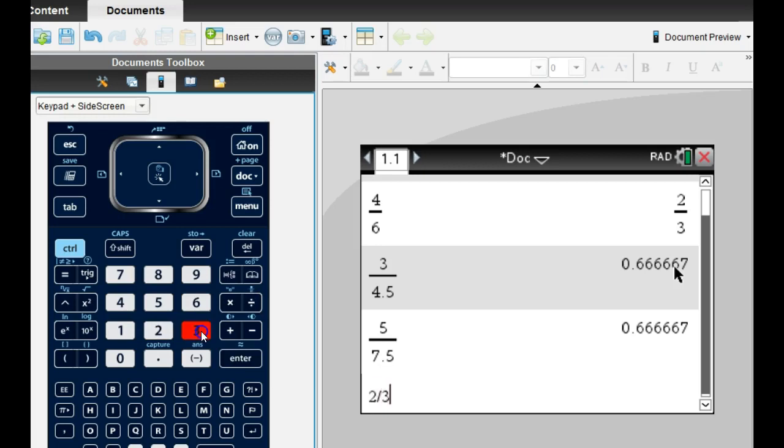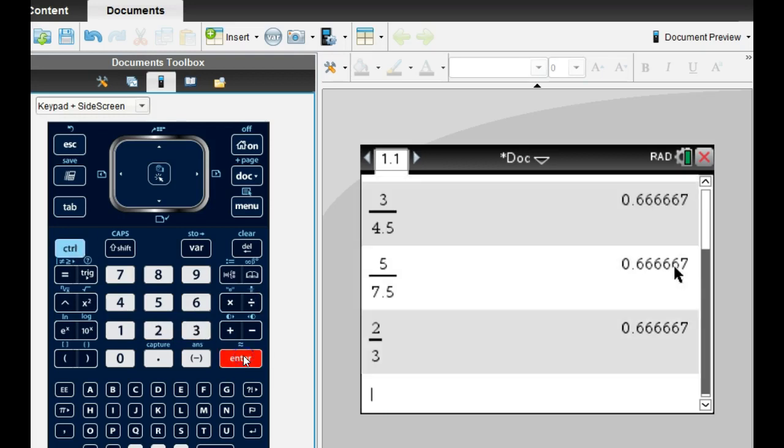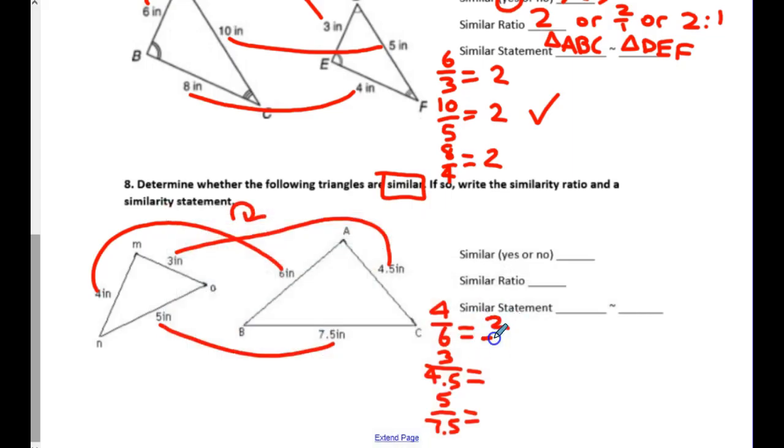And if you don't believe me, there you go. 2/3 is 0.6 repeating. So they're all the same. So they all equal 2/3 or 0.6 repeating. So that's a yep. They're all equal in their fractions. So the similarity ratio, 2 over 3 or 2 to 3, doesn't matter to me.